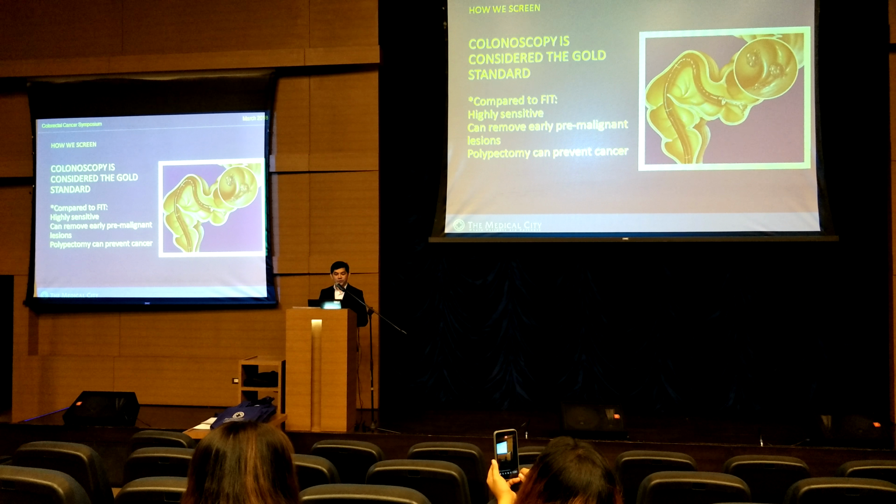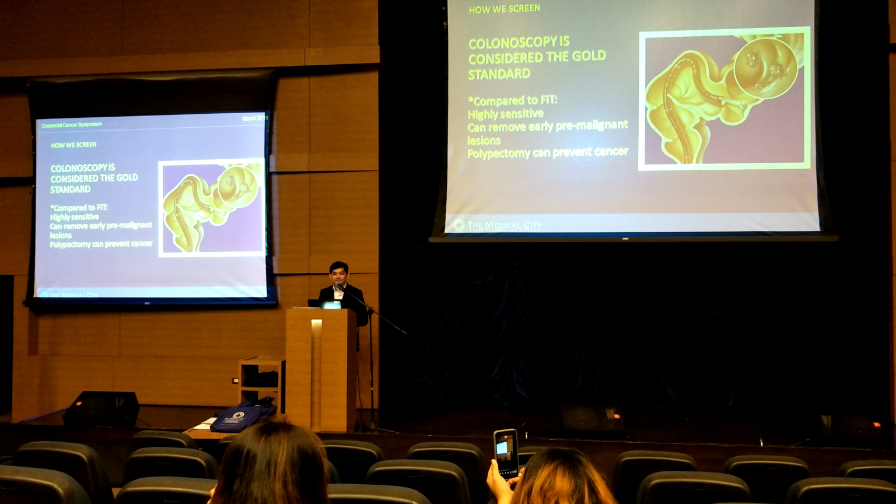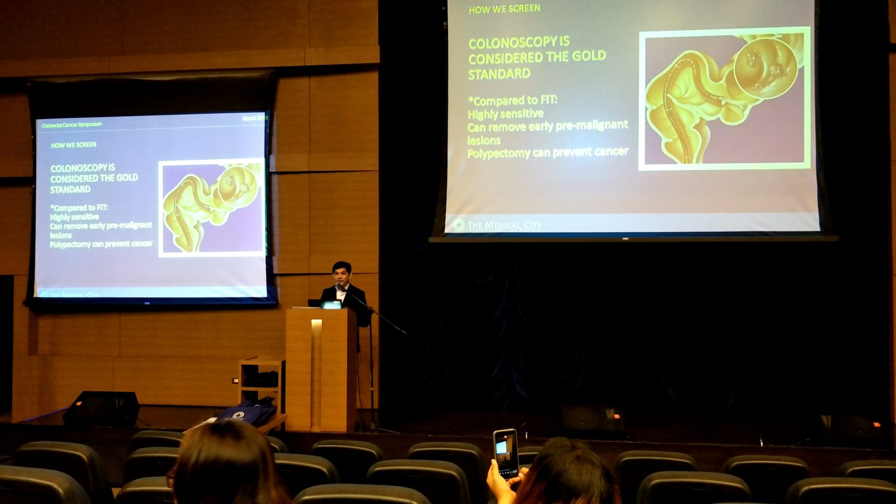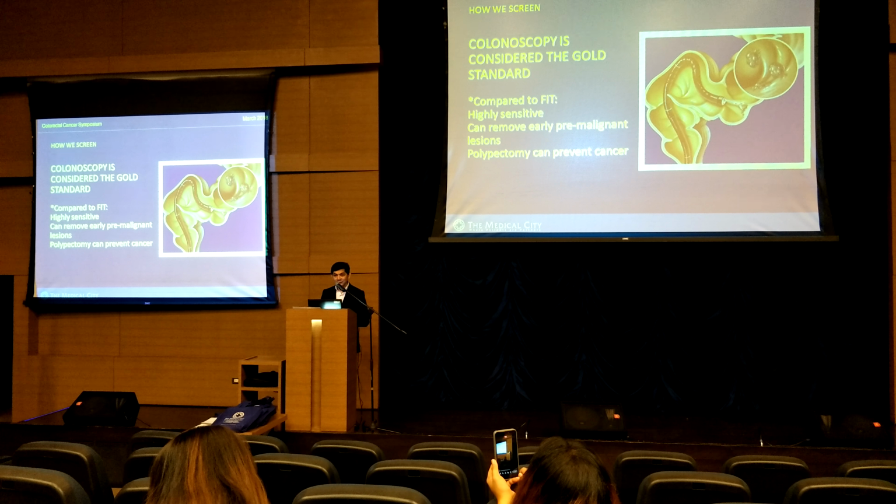The advantage is we could also remove a polyp during colonoscopy, so it's actually one setting. You come in for your procedure, we do a colonoscopy, we find a polyp, we take it out, and we already prevent progression of that polyp to cancer in the future.